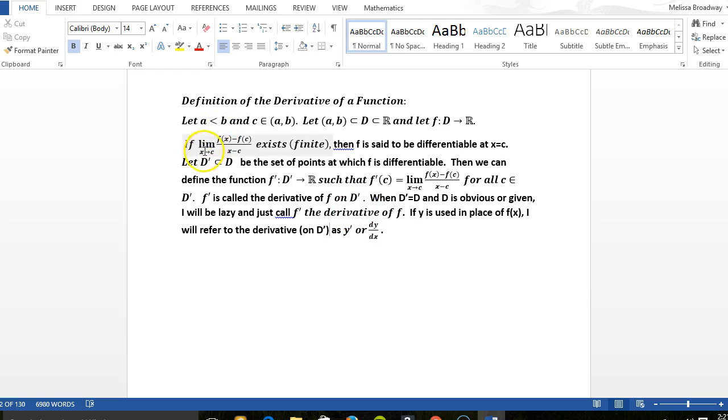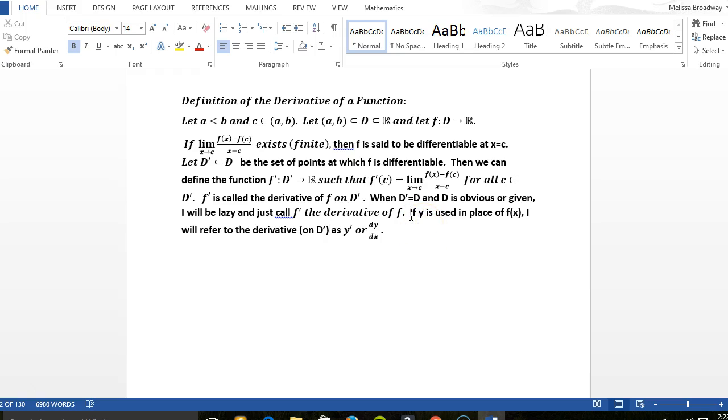It's the limit as x goes to c of (y of x minus y of c) over (x minus c). Instead of f of x, we say y of x here. So that's what I mean by that. We're just using y of x instead of f of x.